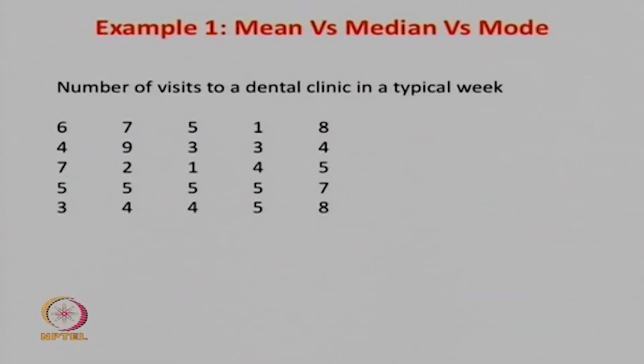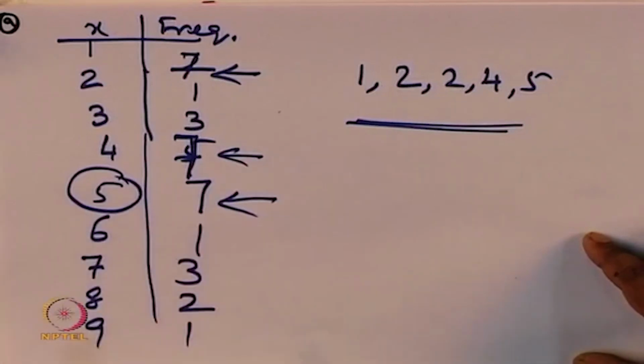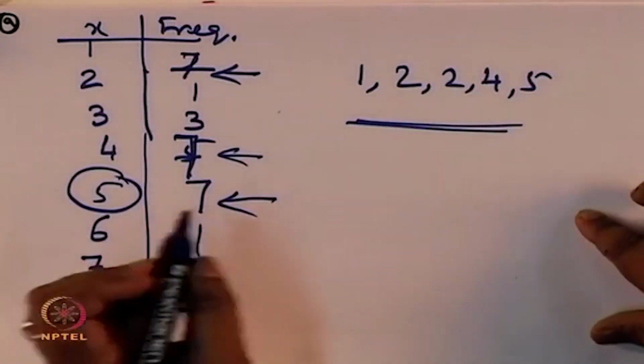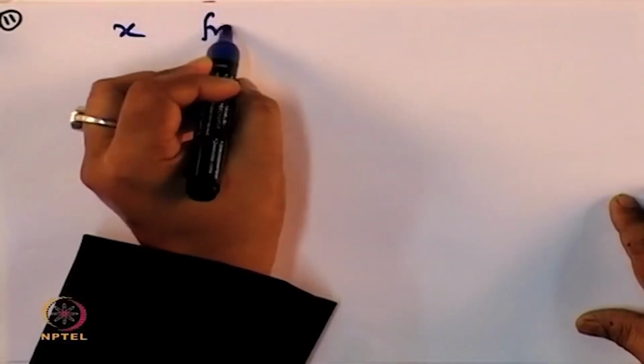Okay. So, let us again come to this particular example, the number of visits to a dental clinic in a typical week. I had calculated that frequency distribution earlier. Let me rewrite it. I have x and I have frequency.